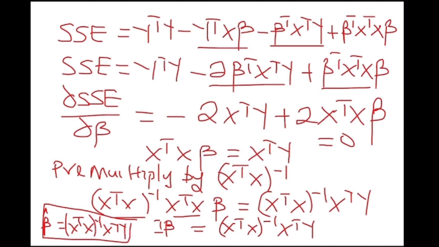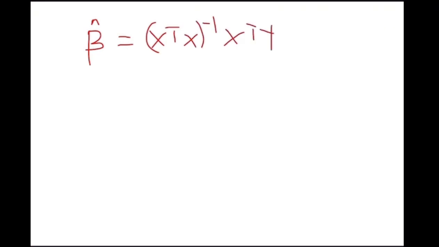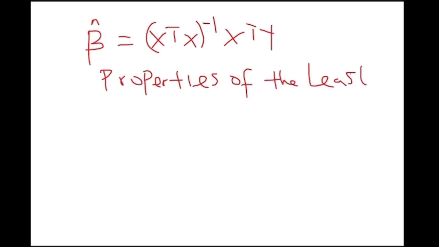So I'm going to clear my whiteboard. So we've been able to prove that the beta curve is S transpose X inverse S transpose Y. What we want to do now is investigate the properties of that estimator, the least squared estimator of beta curve.